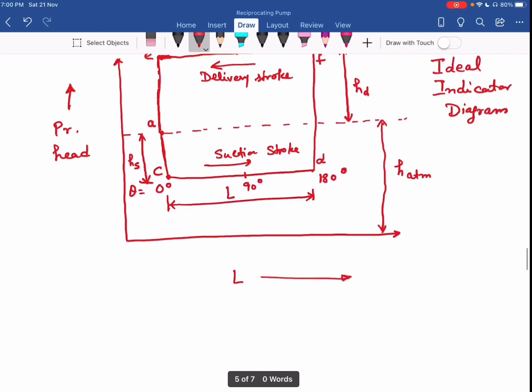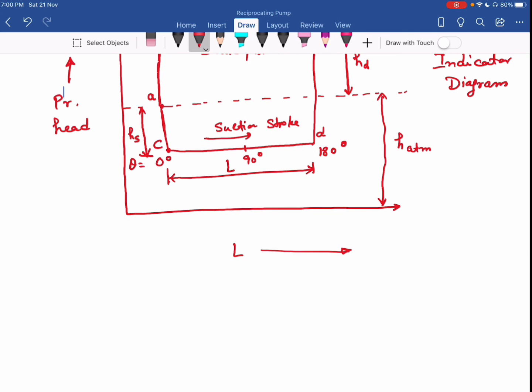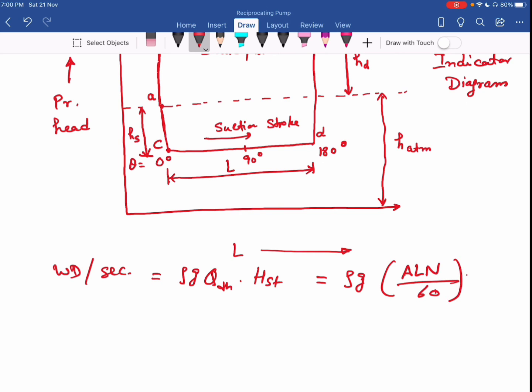Okay, now you can see the work done by the pump per second. WQH, or I can write as rho G Q into (HS plus HD), or this I can write as rho G ALN divided by 60 into (HS plus HD). So this I can write as rho G AN divided by 60, then into L into (HS plus HD).